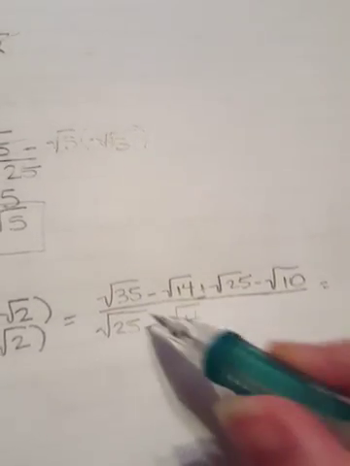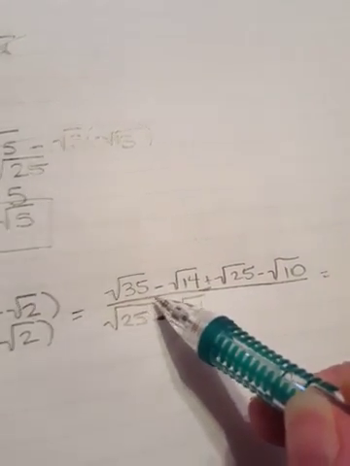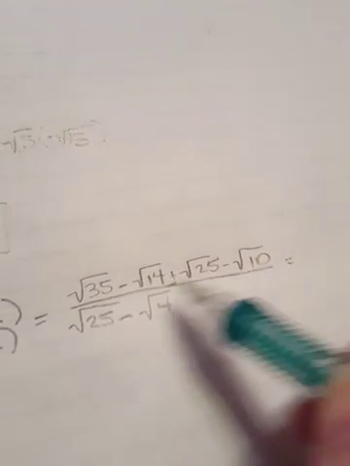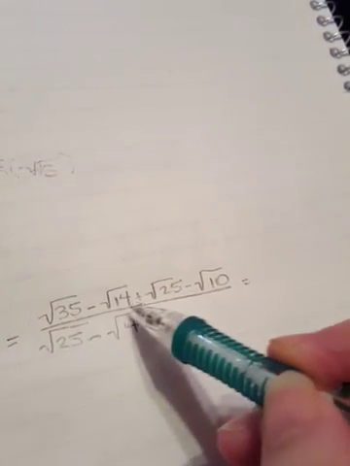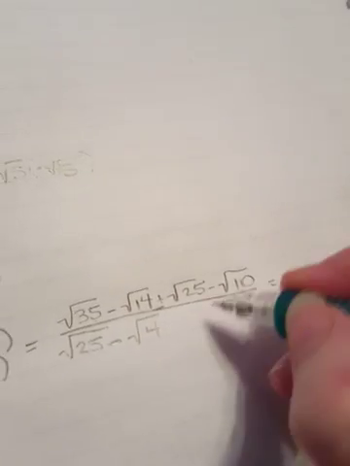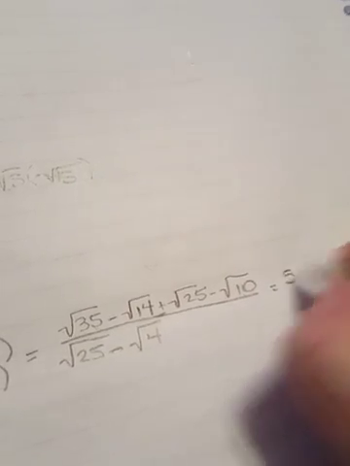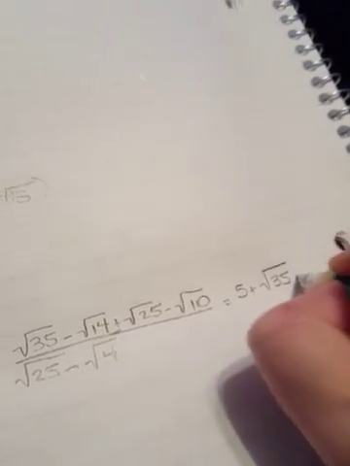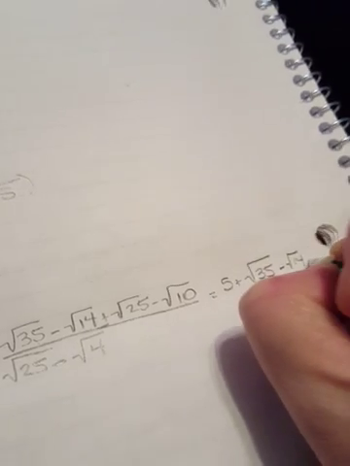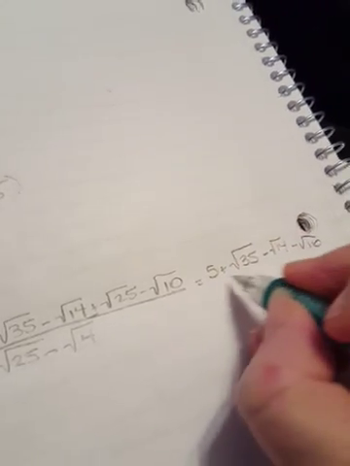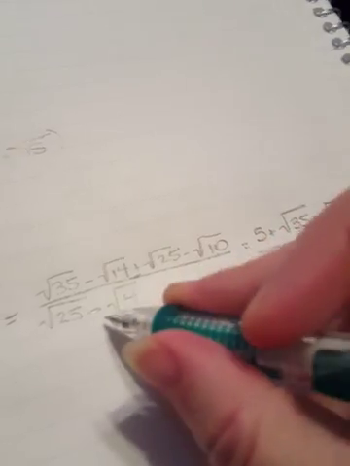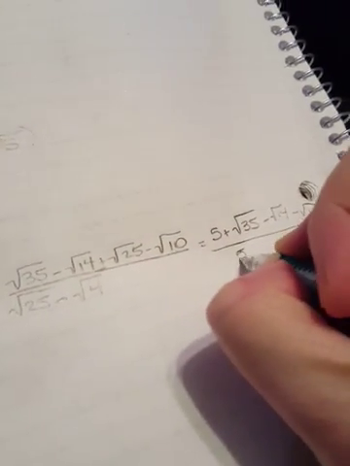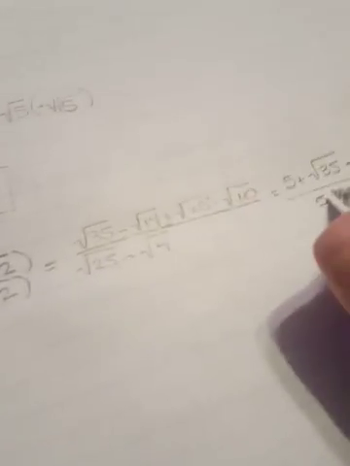Okay, now we need to simplify again. So most of these are going to stay the same. There is no square root for 35, 14, or 10, but the square root of 25 is 5. So we have 5 plus the square root of 35 minus the square root of 14 minus the square root of 10 over the square root of 25 is 5 minus the square root of 4 is 2.